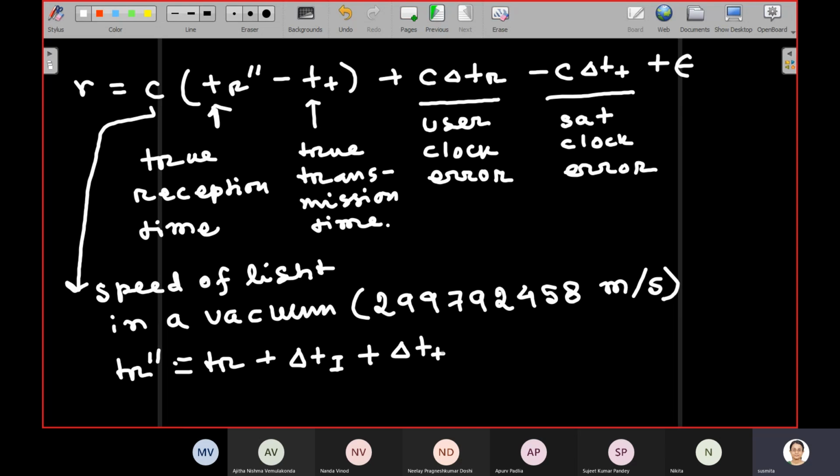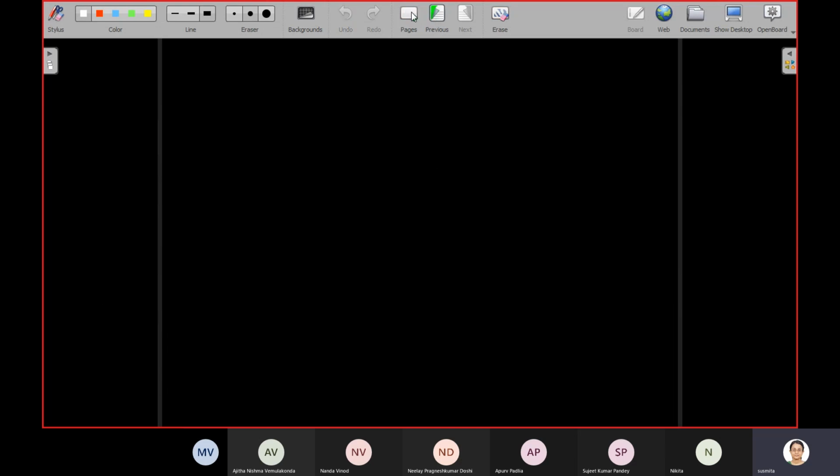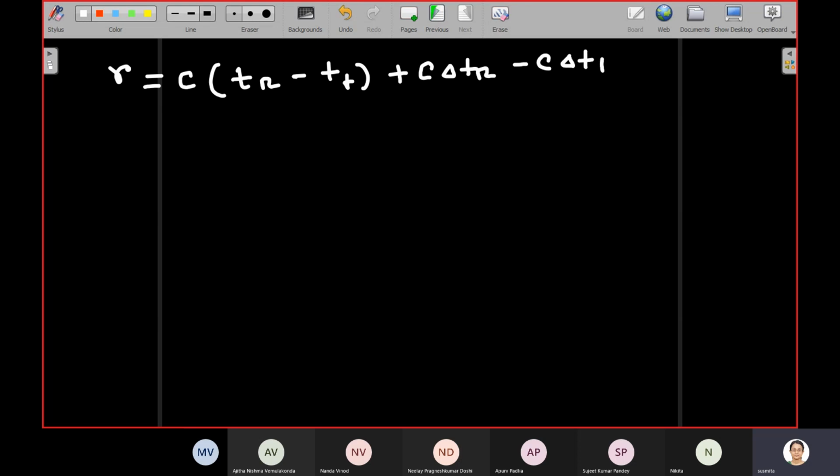Okay, so putting this in that equation, we get R as C times (TR minus TT), plus C delta TR minus C delta TT, then plus C delta TI, then plus C delta TT, plus epsilon.